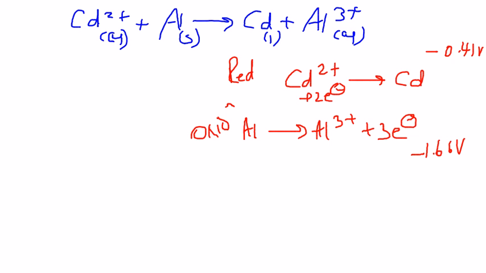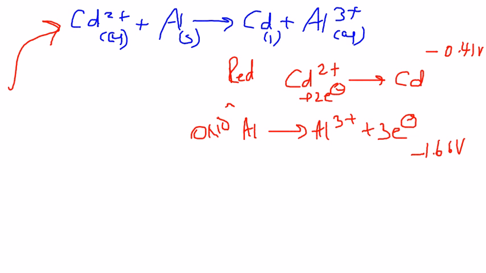Again, you don't have to go by how negative or how positive that value is and figure out which one is anode or cathode. You have to figure that out for the reaction that's given, because it's possible that you might be given a backward reaction and that's not going to work, so you have to change the polarity for the reaction to work. So work with what you have.